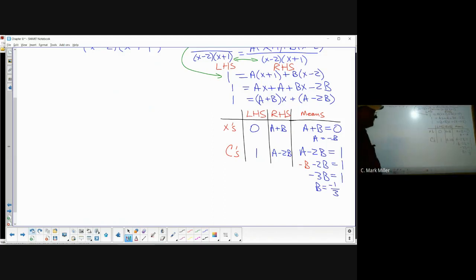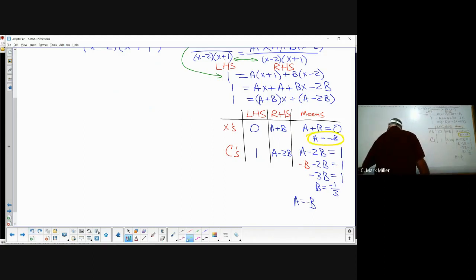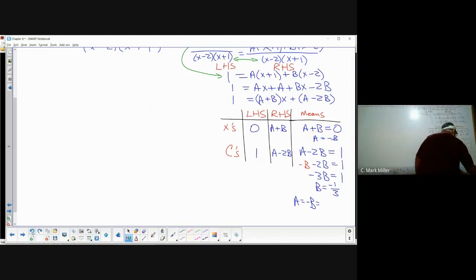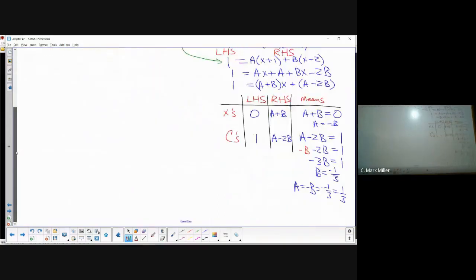Right? So A equals negative B. Remember that from up here. A equals negative B. And that is going to be the negative of negative 1/3 or 1/3. So A equals 1/3, B equals minus 1/3. Right?